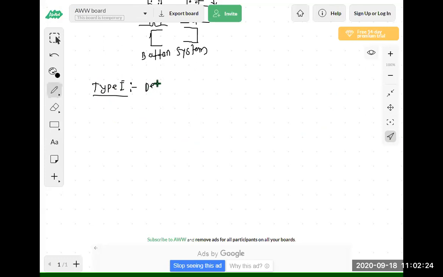So design of the built-up column, type 1 is the design of laced column. Design of laced column. It means we have to use the lacing system for design of this column. So design of built-up column, we are using here a laced column, lacing system.